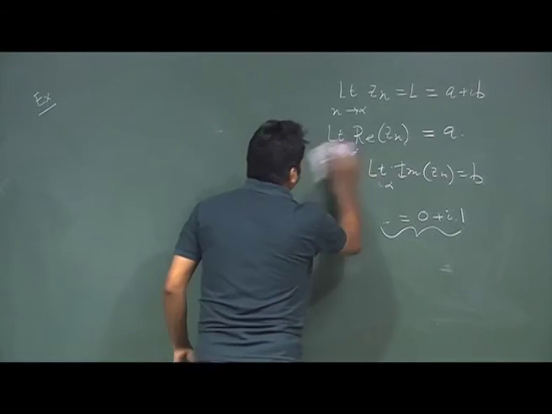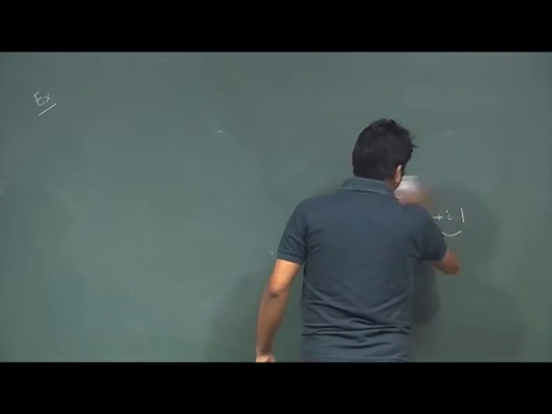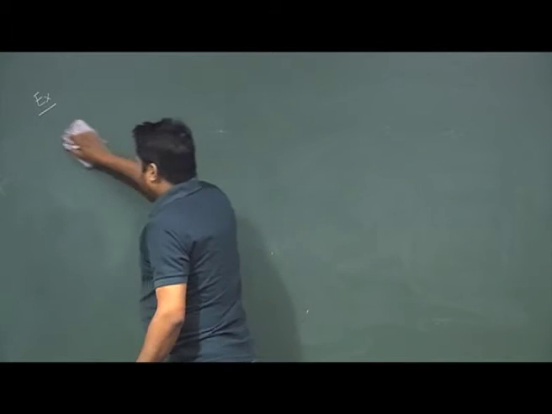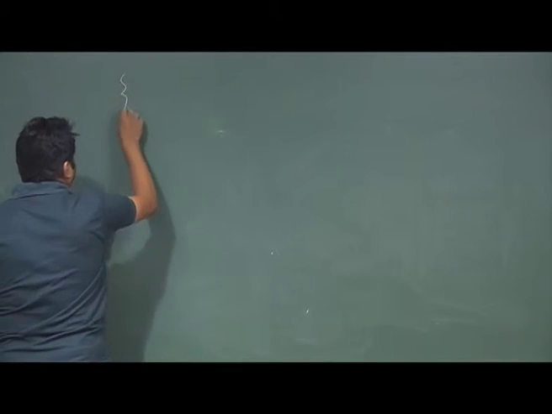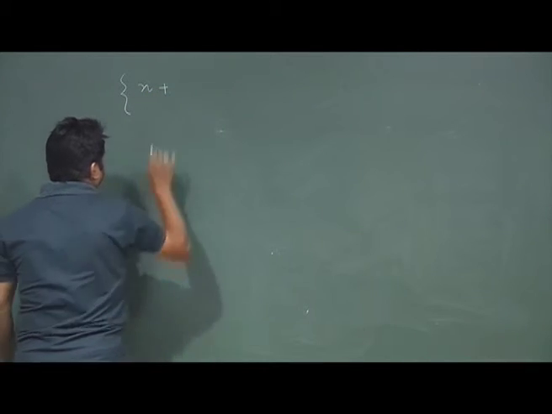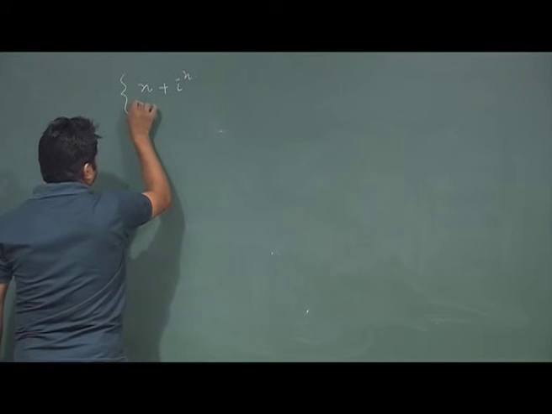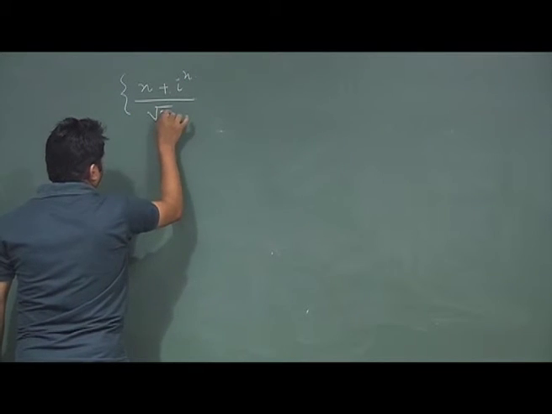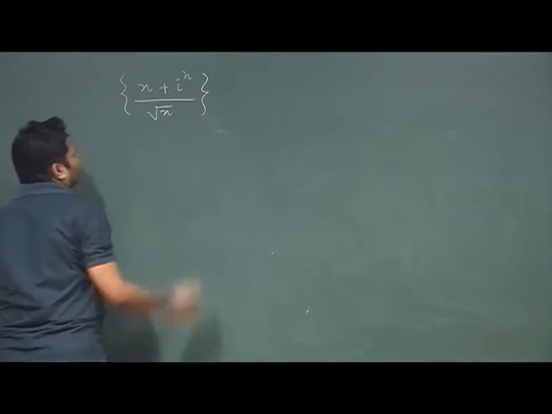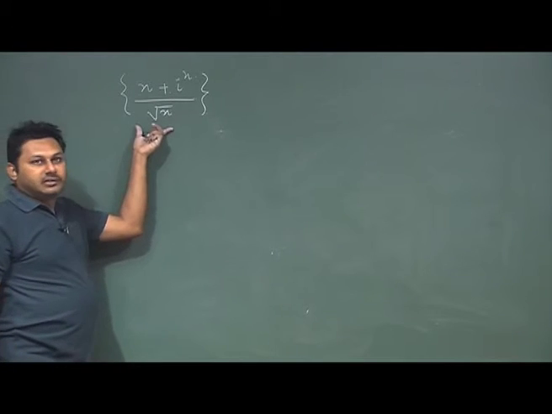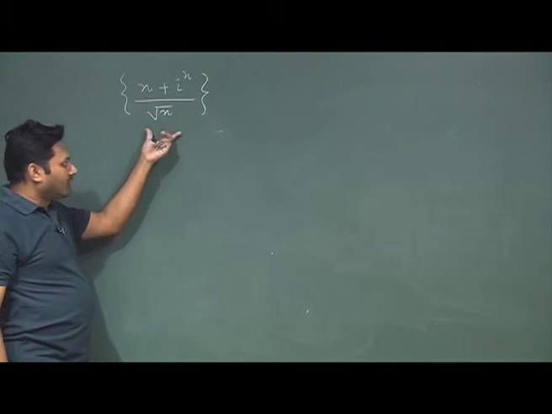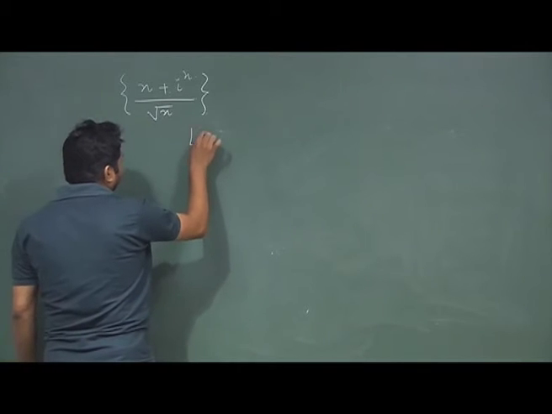So let me go to another example. My next example is something like n plus I to the power n divided by root over n, and I need to find out whether this is converging to some point or not. Again I need to do the same procedure.